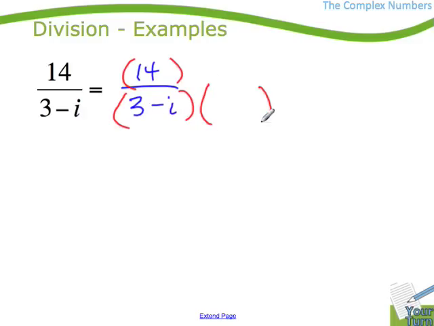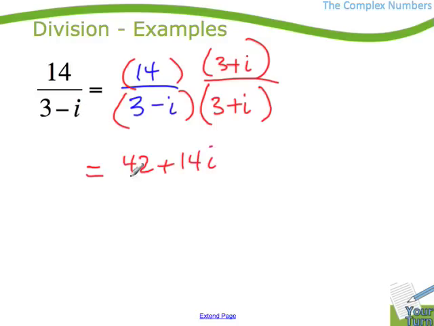Do you remember what the conjugate was? Conjugate of this is, I just change the middle sign, so it'd be 3 plus I. If I do that on the bottom, remember that factor of 1, I need to do the exact thing on the top. So in simplifying, 14 times that would be 42 plus 14I on the top.